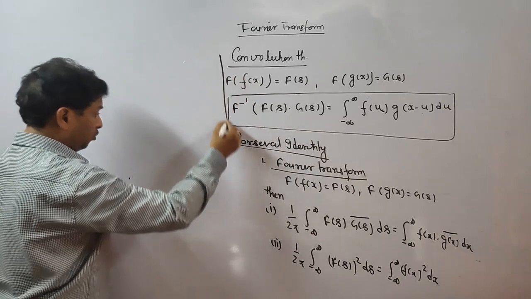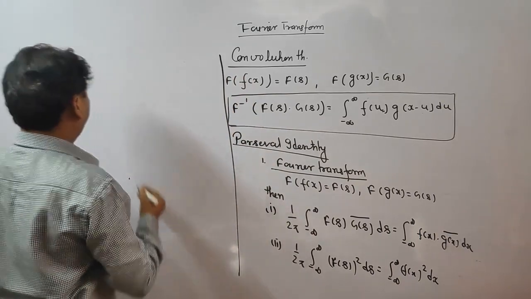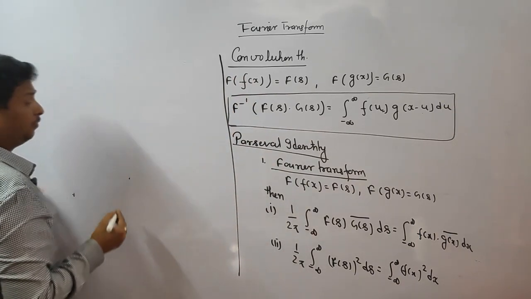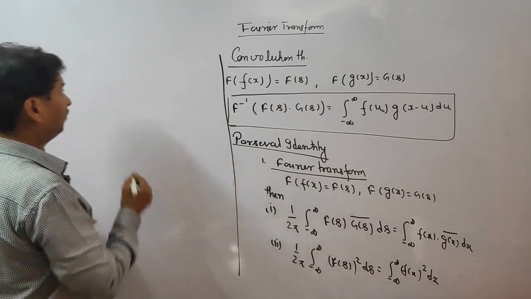Now, the most important part of the Fourier transform, the Parseval identity for the Fourier cosine and sine transform.